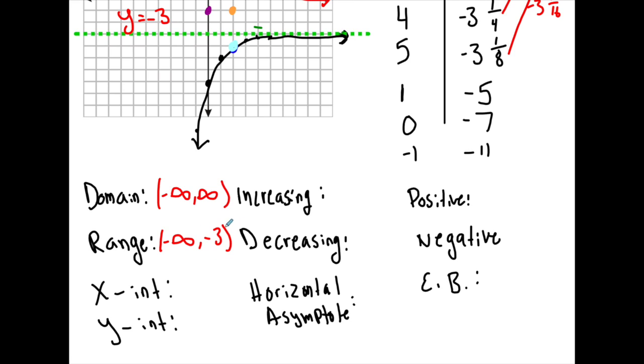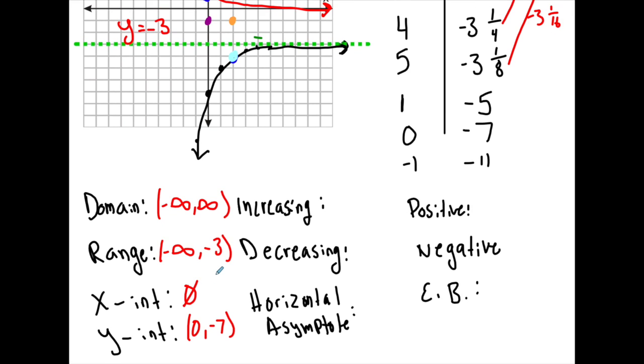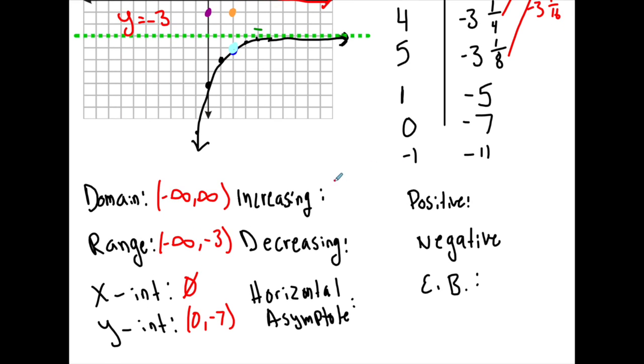Again, notice the horizontal asymptote. The y-intercepts, rather x-intercepts, there are no x-intercepts. There is a y-intercept of (0, -7). Remember, every exponential will have a y-intercept, because if you say the domain is everything, then you should be able to plug in 0. Okay, it's increasing along its whole domain.